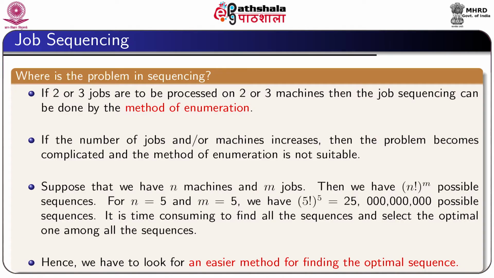Let me first explain what the problem in job sequencing is. Suppose that we have 2 or 3 jobs which are to be processed on 2 machines. It may be done by the method of enumeration, in which we can calculate the total time or cost and search for that sequence which consumes the minimum time or cost.